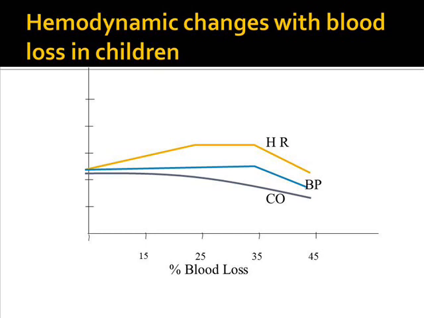That is class 2 to class 3 shock, and then it starts to drop. This is quite unlike what you expect in an adult. And the blood pressure does not change much, but in class 3 shock, it starts to drop also, and the cardiac output will follow these two as shown in the diagram.